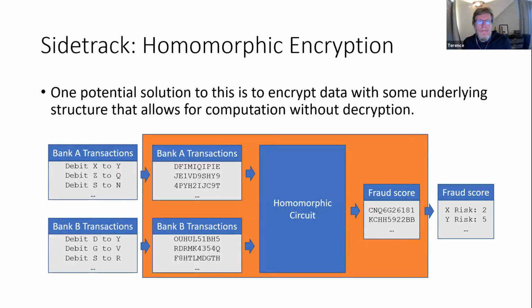So one of the solutions to this problem, and I'm not going to cover this in a huge amount of detail, is that there are a set of encryption algorithms that allow you to actually do computation on data without decrypting.